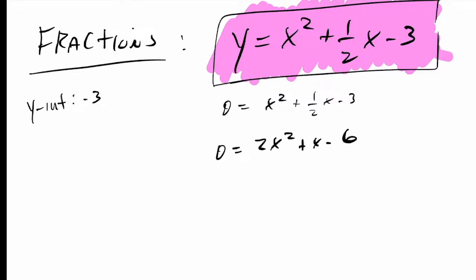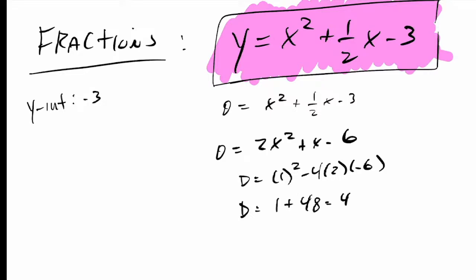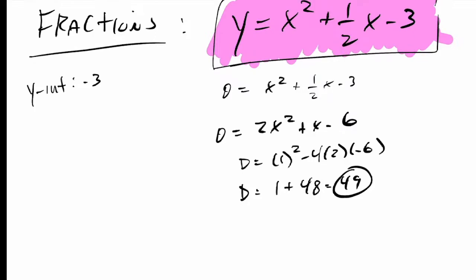So now what happens here, if I check my discriminant, what do we get? b squared minus 4ac. I get the discriminant is 1 plus, end up getting here 48. So I actually get 49. This is a perfect square, so we actually could have solved this using charting.